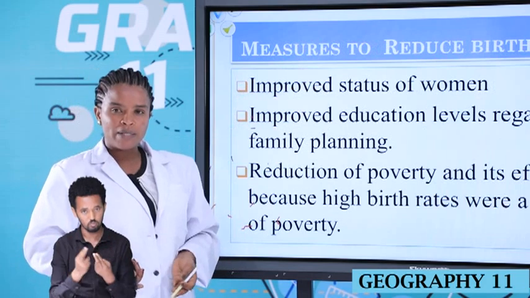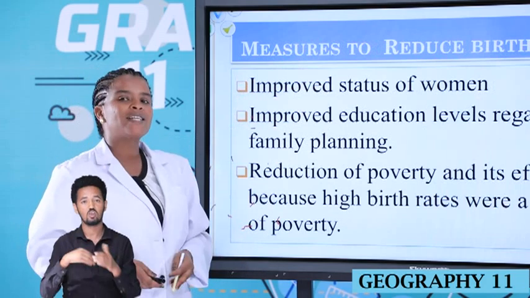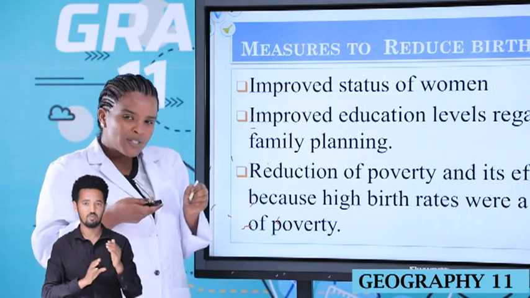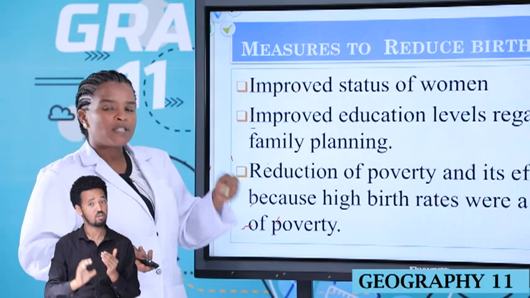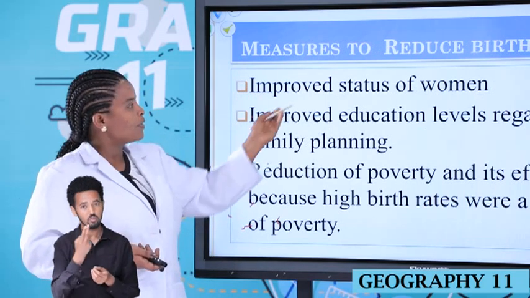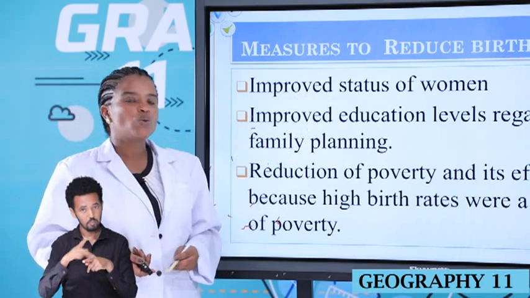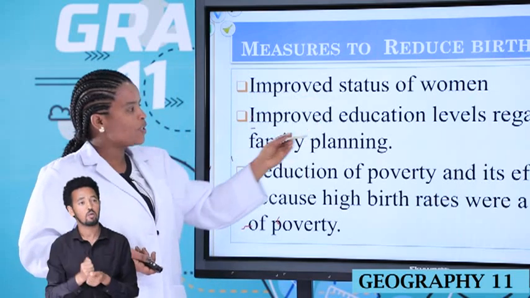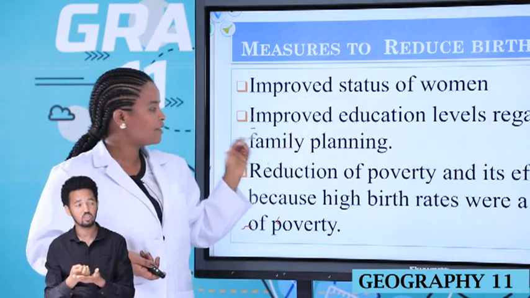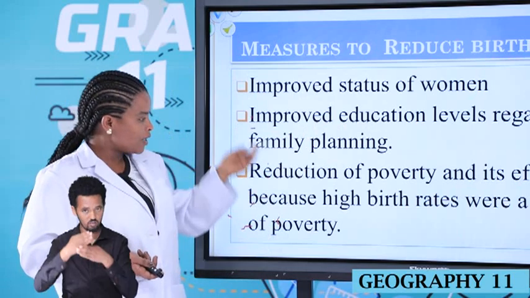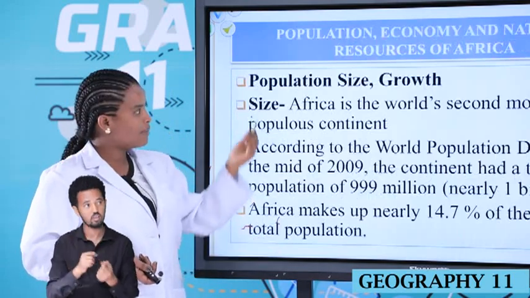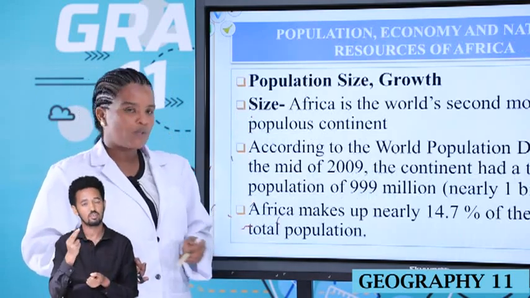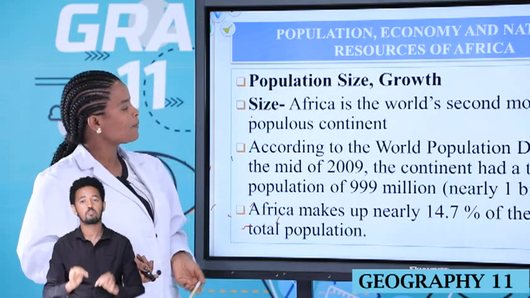Measures to reduce birth rate. As we have seen, in Africa there is a high fertility rate. To reduce this birth rate, it is better to practice improving the status of women, improving educational level regarding family planning, and reducing poverty. These are some measures for reducing fertility.